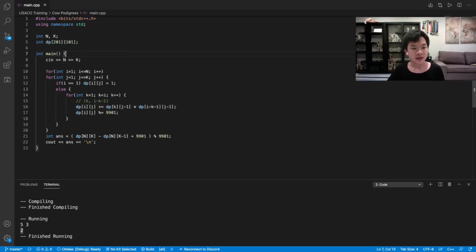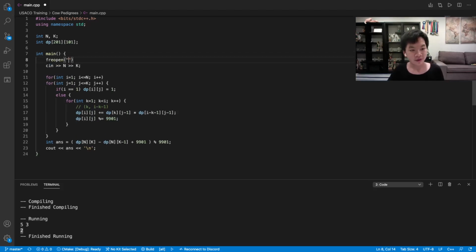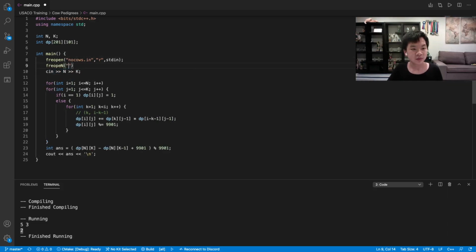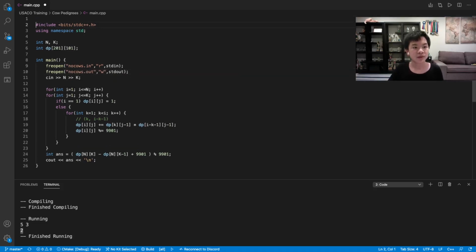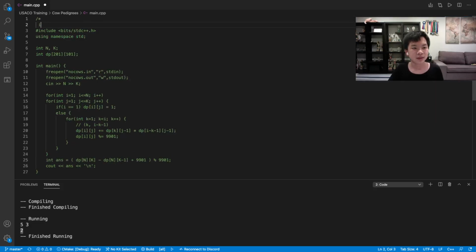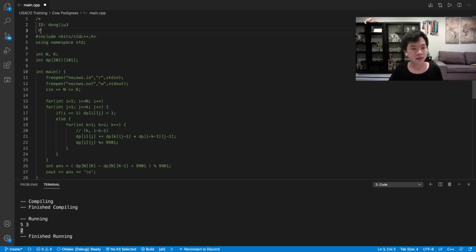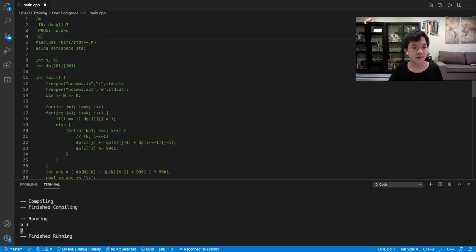Okay, so since we're going to read from nocows.in, and we're writing to nocows.out, I'm just going to submit it. This is nocows and the language is C++.